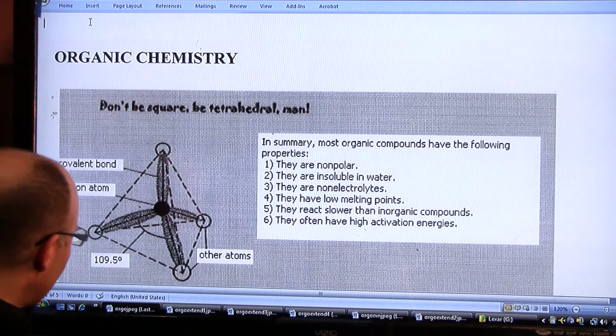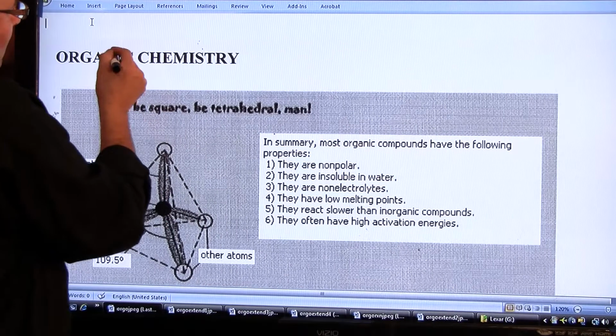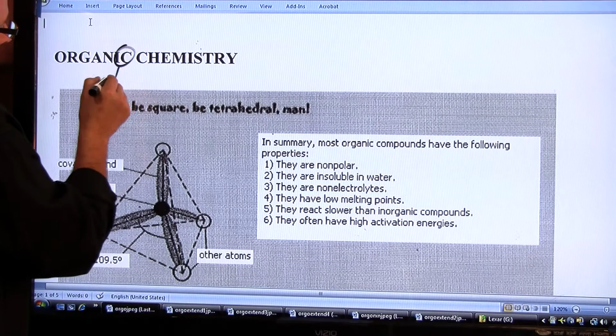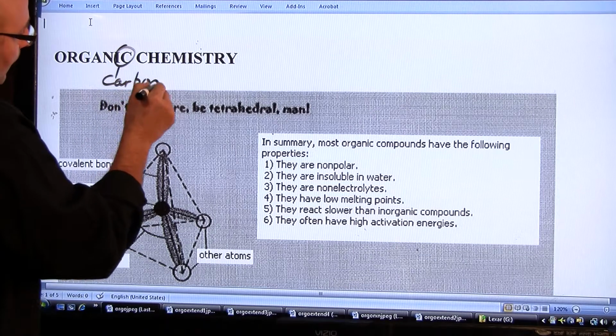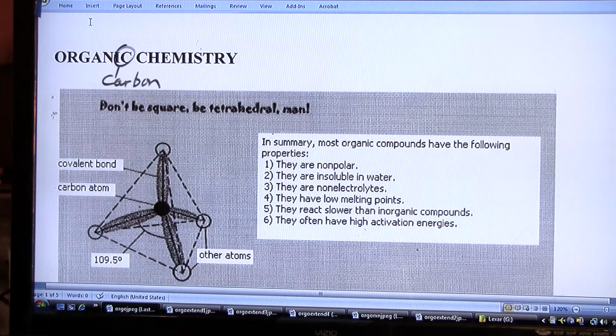All right. When I see organic chemistry, right away the C in organic reminds me of the carbon, which is the central element in organic chemistry. Organic chemistry is the chemistry of carbon compounds, in other words.